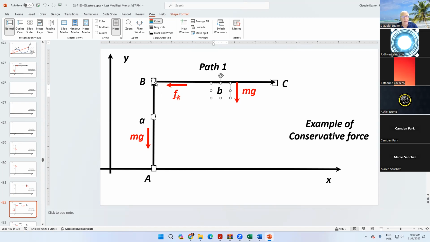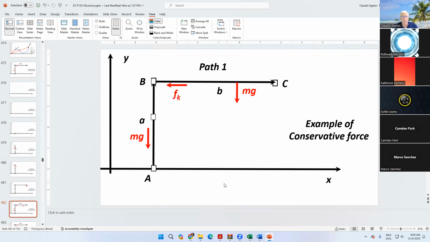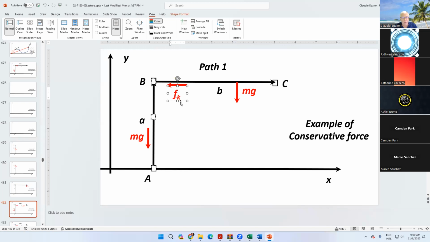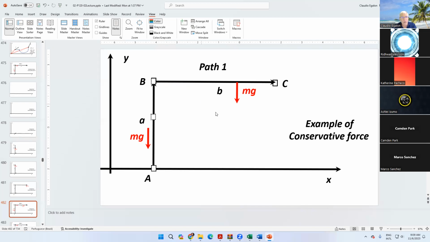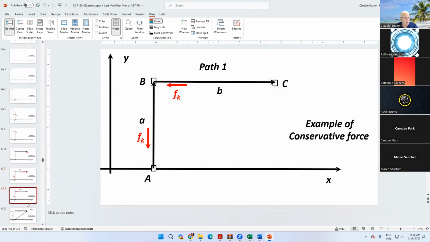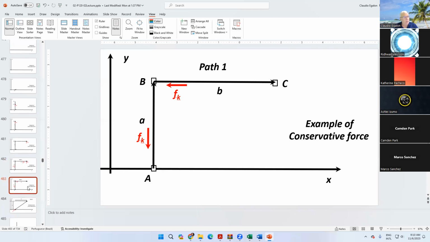This distance is A, this distance is B. We don't have this one here, because it's not the force of friction. Example of conservative force. And then we're going to repeat the same thing through a different path.